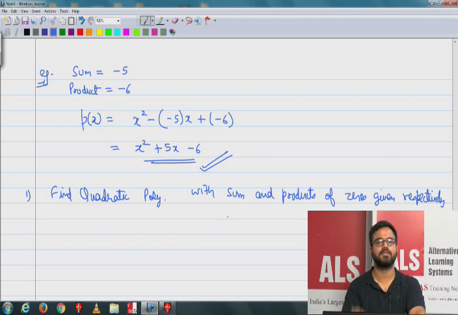So in these questions, the sum and product are already given to you. Respectively means first will be the sum, second will be the product. Like 1 by 4 comma minus 1. So 1 by 4 comma minus 1 means the first term, 1 by 4, indicates the sum, and the second one indicates the product.